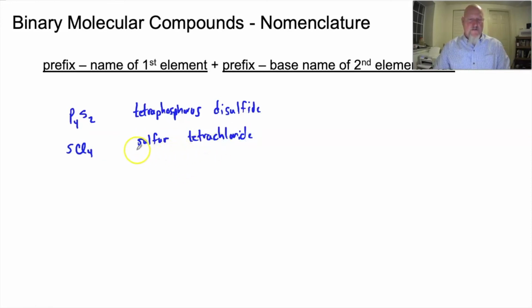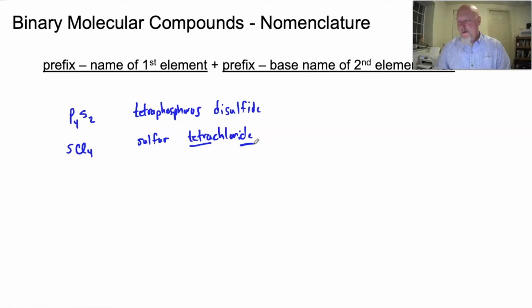Okay, so you can see the first element, we don't change the name of the element. We would only put a prefix on it, but because there's only one of them, we don't do that. There's our prefix. We end the second element with IDE, and the middle is the element's base name.